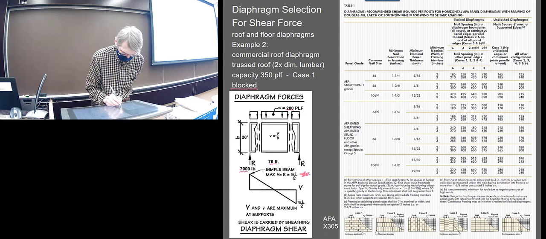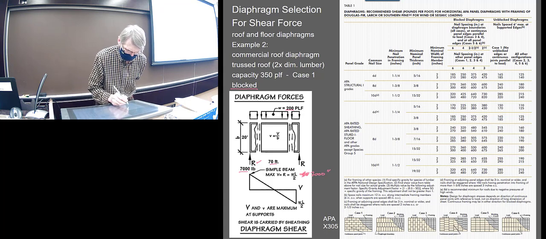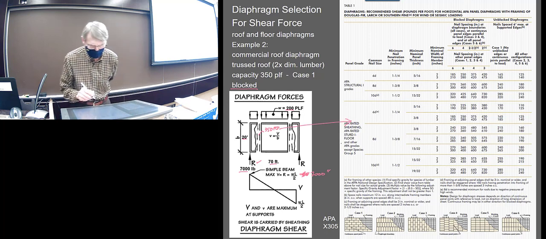Oh, I'm sorry. That's the 7,000. wL over 2 is that reaction. That's the 7,000. I divide the 7,000 by 20 feet, and that's where I get the 350, right? PLF. And that's the number that then I have to read out of this chart.